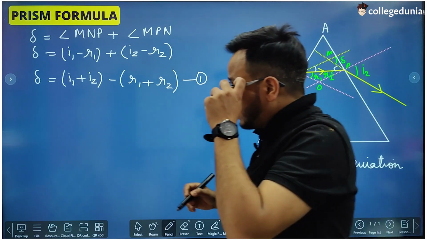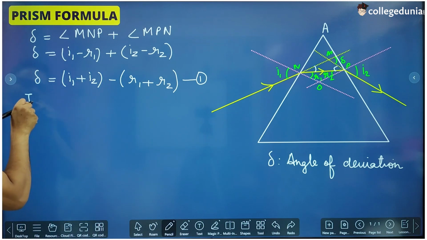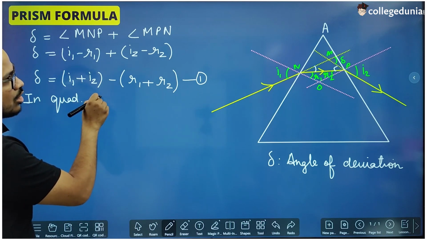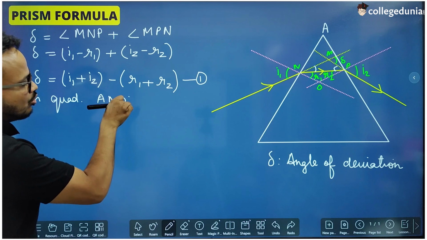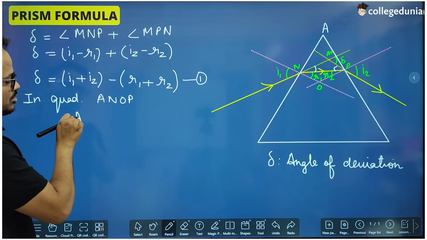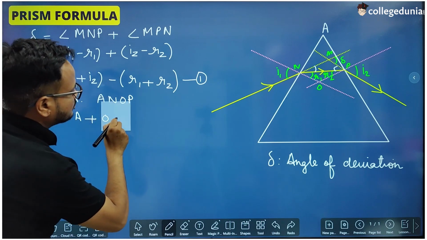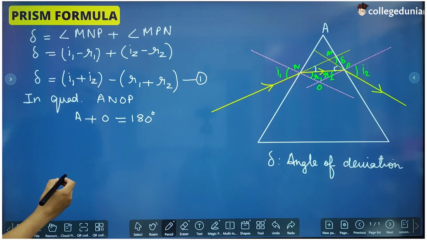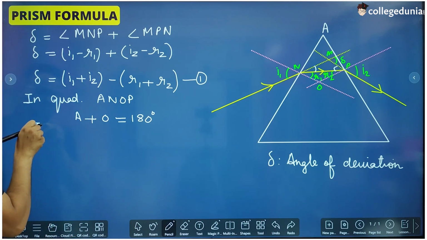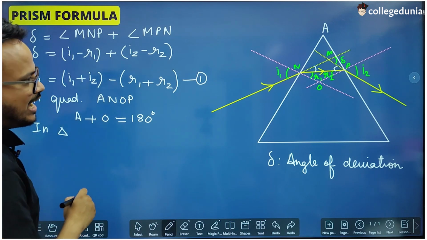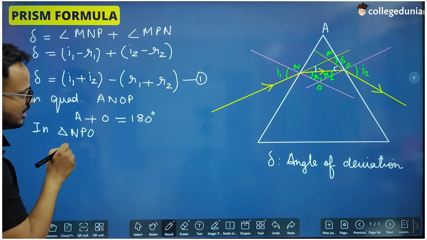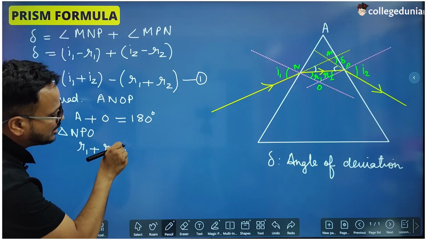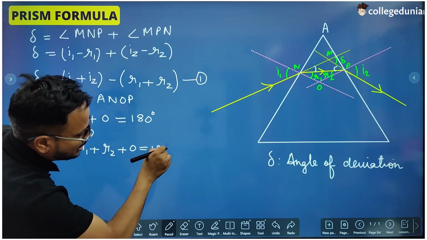Angle A plus O in quadrilateral ANOP is 180 degree, and in triangle NPO, R1 plus R2 plus O is also 180 degree.